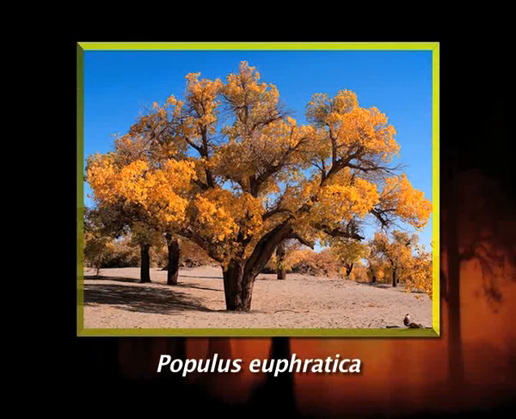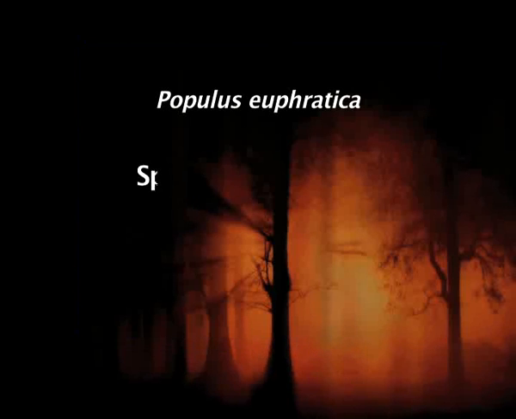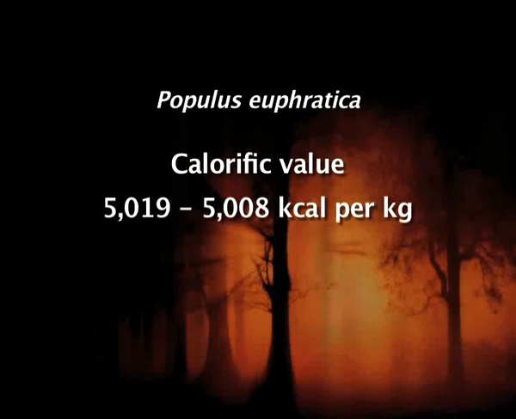It also grows on land that is seasonally flooded and on which no other form of cultivation appears possible. The wood is moderately dense. Its specific gravity goes up to almost 0.48. The calorific value is reported to be 5,019 kilocalories for the sapwood and 5,008 kilocalories for the heartwood.